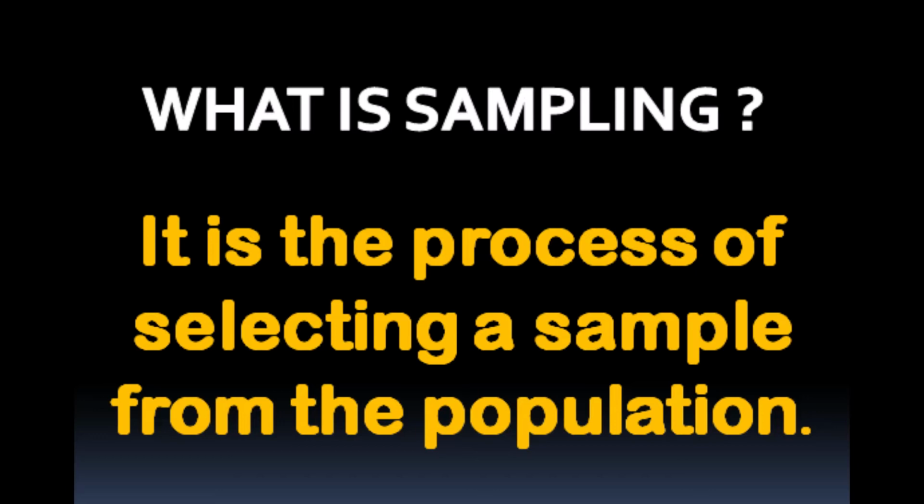Sampling helps us to reduce expenditure, save our time, and of course our energy, and it permits us measurement of greater scope as well as produces greater precision and accuracy.